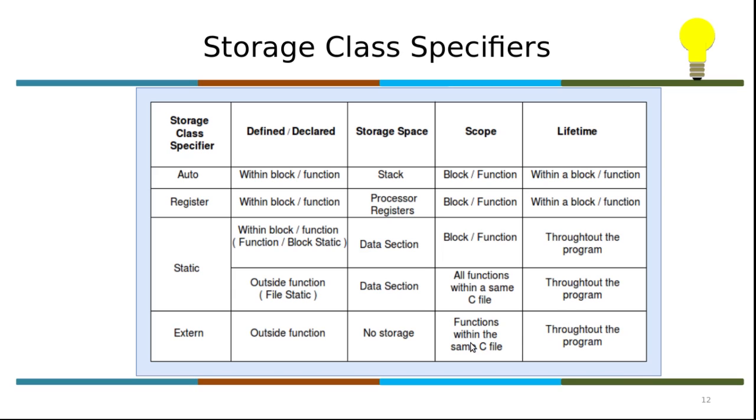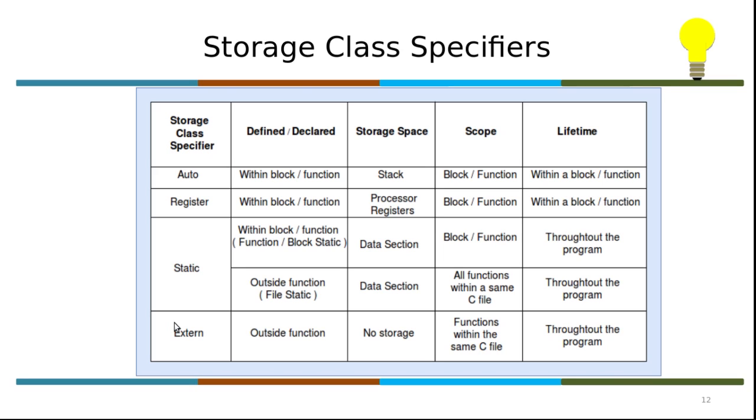In that case, the scope will be only within that function. Lifetime is throughout the program. So I want the fresh engineers who are new to C to experiment with all these data. You have to use all the data within a function and outside the function, use them with these storage class specifiers, and experiment and see what is the effect of specifying a storage class for a data.